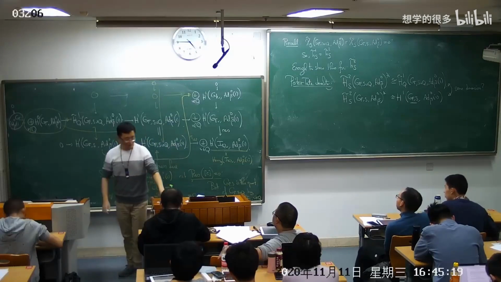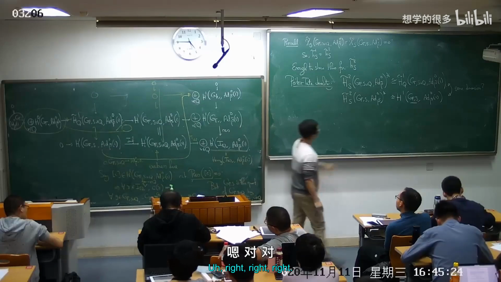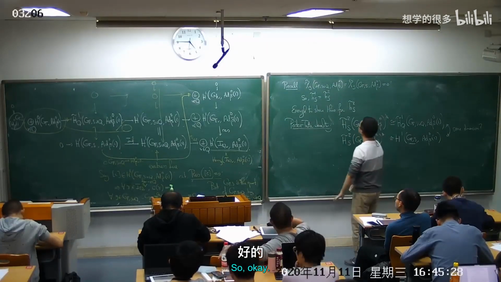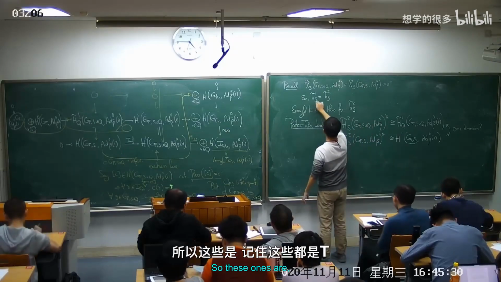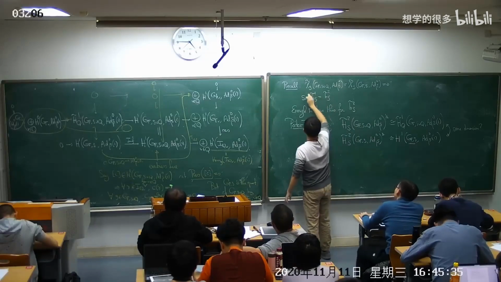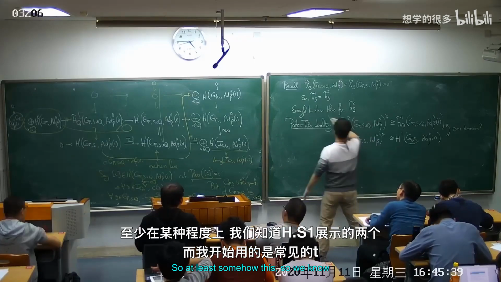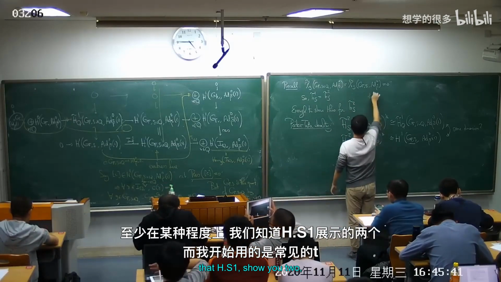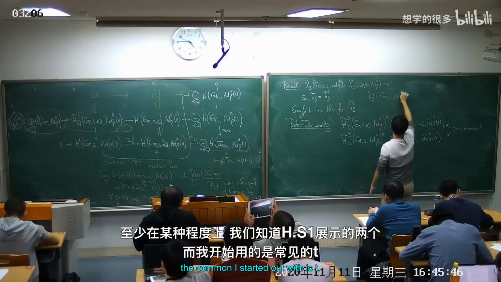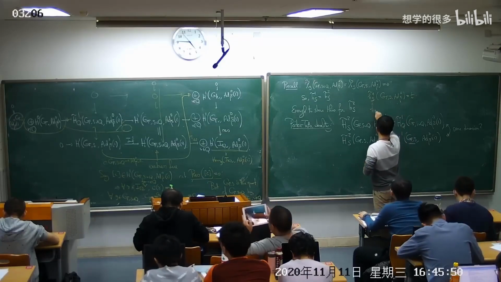Okay, let's count the dimension. Maybe I should start from the very beginning. Remember, these are all t. So we know that the cohomology I started out with is t-dimensional, and this is the same thing as H2.